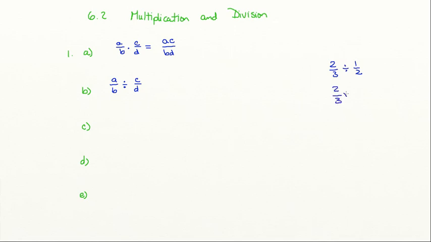So 2/3 times 2/1. So you'll have to take the inverse of the second fraction. We're going to do the same thing here. Take the inverse and multiply by the inverse. So it's going to give us AD over BC.